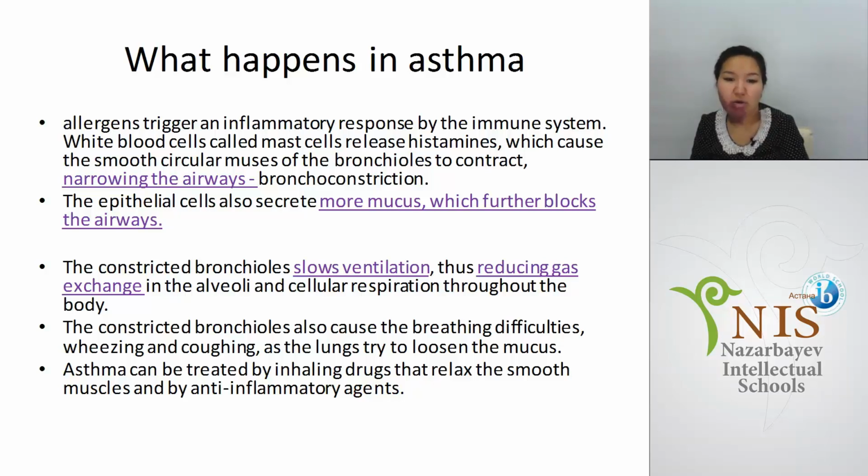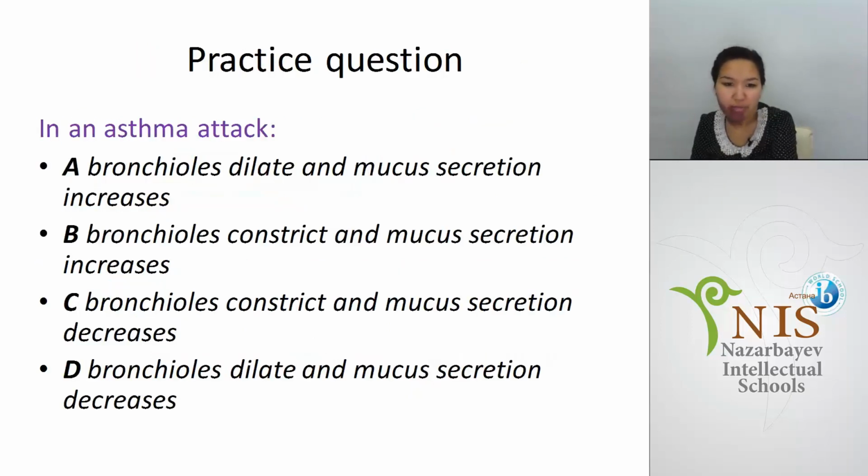The epithelial cells also secrete more mucus, which further blocks the airways. The constricted bronchioles slow ventilation, thus reducing gas exchange in the alveoli and cellular respiration throughout the body. The constricted bronchioles also cause breathing difficulties, wheezing, and coughing as the lungs try to clear the mucus.